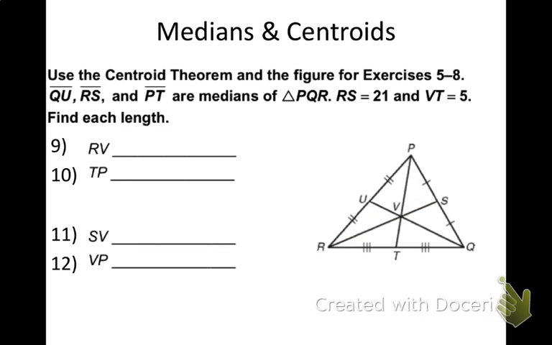So if the whole segment's 21, that means this small segment right there has to be 7. Nice job. Which then means if I have 21 here and 7 here, RV has to be 14. And I can take that by subtracting or taking it times 2 of the smaller segment, either way, or 2/3 of the big one.